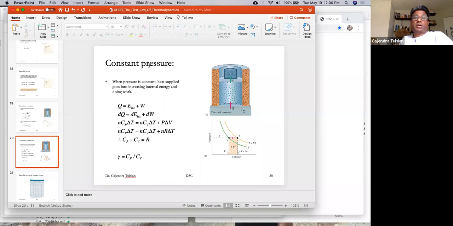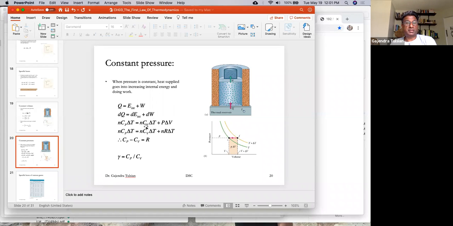All right, so for a constant pressure process, this slide goes through the derivation, and I will not go through the derivation. You can look it over. But what we prove here is Cp minus Cv equals R. The heat added in a constant pressure process is the change in internal energy plus the work done.